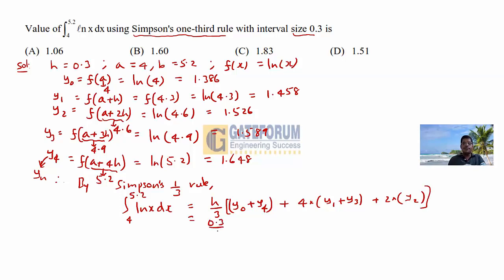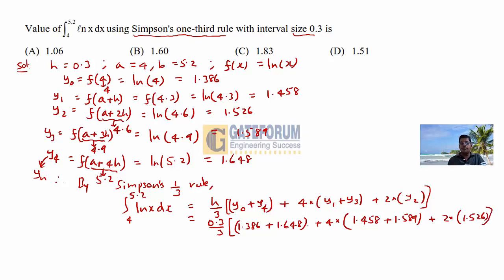0.3 by 3 into y0 plus yn, 1.386 plus y4 is 1.648, plus 4 times y1 1.458, y3 1.589, plus 2 times y2 1.526.